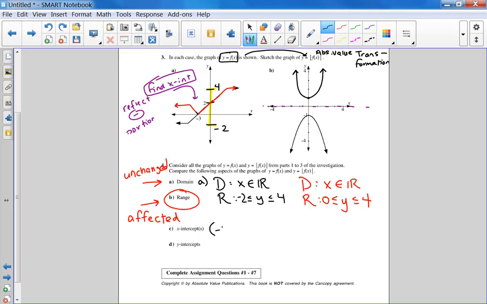So on the start, it's -3, 0. Am I right? Okay. On the new one, is it the same? Okay, so you can make a generalization. Does the x-intercept change? And why? Because it's what?